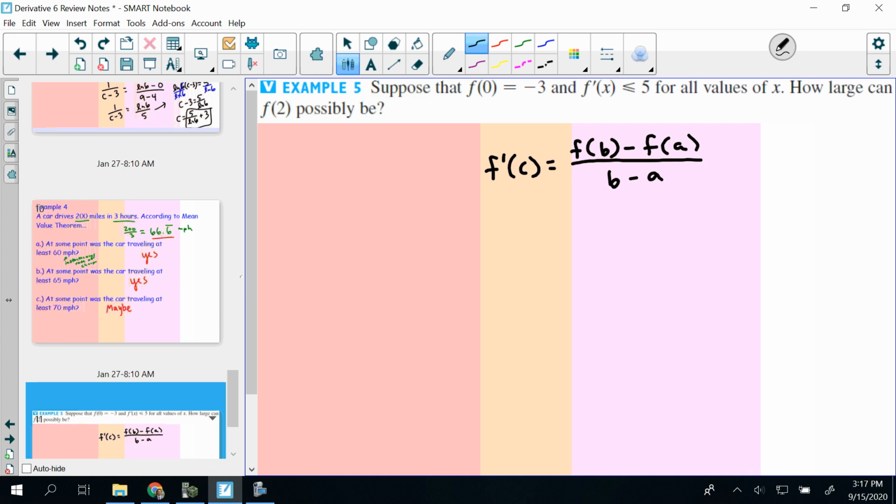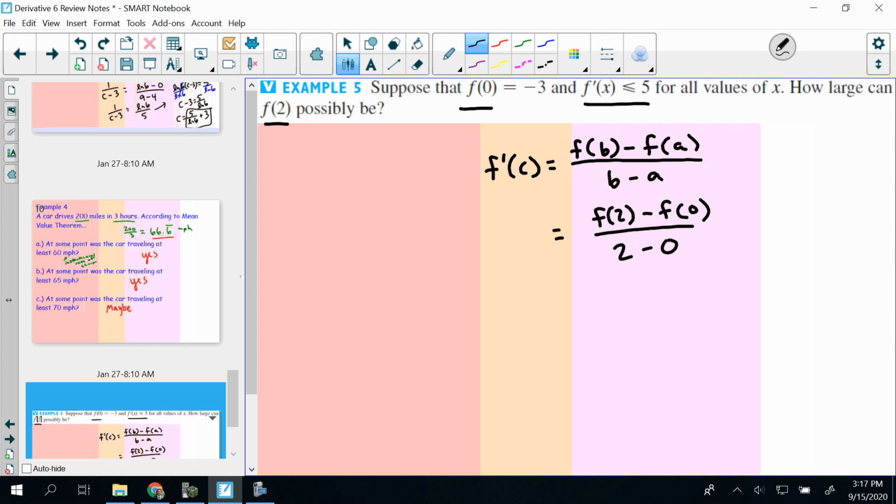So what do we know here? Well, we have some points we're talking about here: f of 0, f of 2. So let's use those as our 2 points here, 2 and 0, and that means this will end up being f of 2 and f of 0. Over on the left side, we have a derivative. Do we know a derivative here?